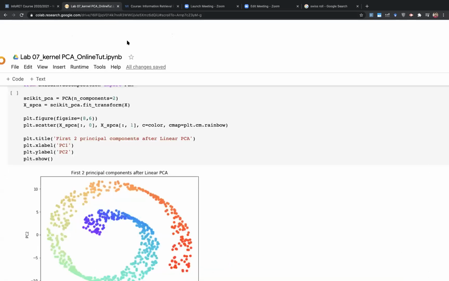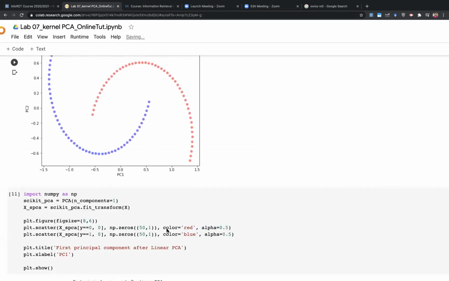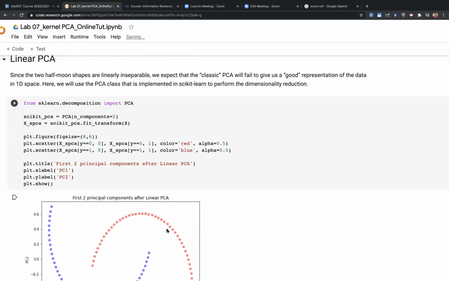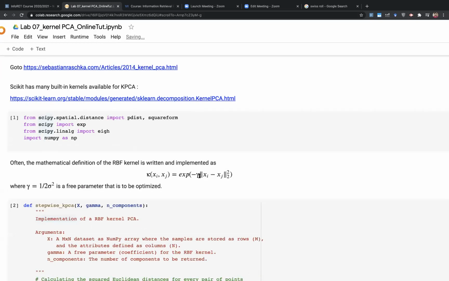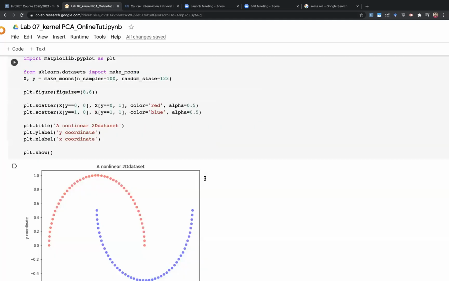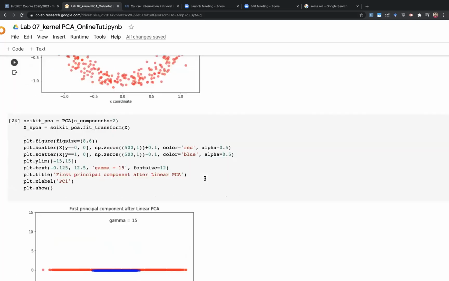If we go to the original function for RBF, you can see that if this goes to zero, then we have the exponent of zero, which is one. So this value will always be one, no matter what the difference between these two is. So gamma approaching zero is not a very wise choice.